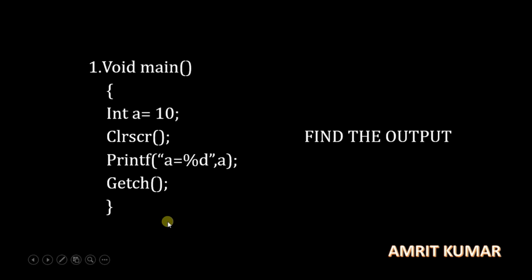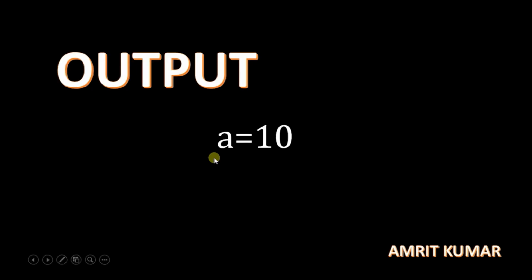This is how to deal with all the things that we have studied. I think all of you students have written the question and your answer as well, and you may have guessed it right. So our output is a equal to 10.